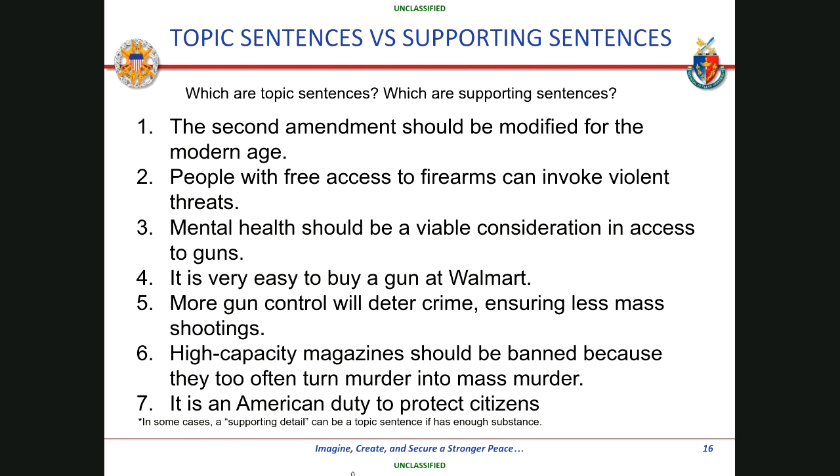Also in your paper, go back and see if you have supporting sentences. Do you have evidence? Do you have statistics? Do you have other sources that can help you? Okay, this is something that will help your paper. By the end, you shouldn't have less than 3 pages because you should continually have more supporting sentences.